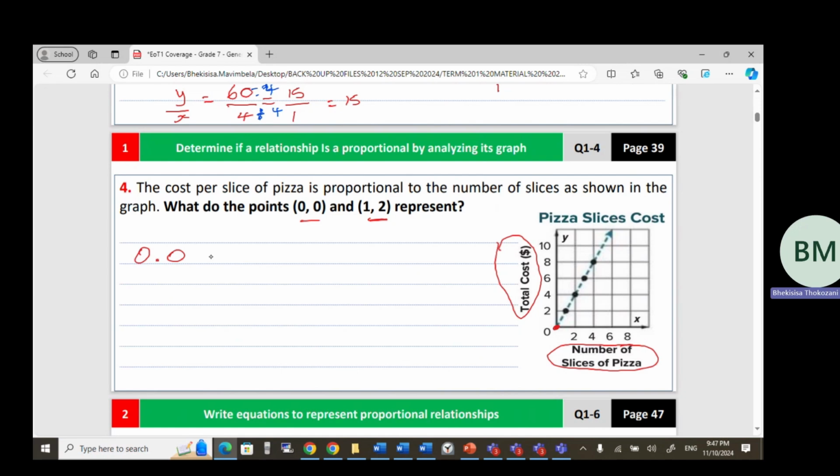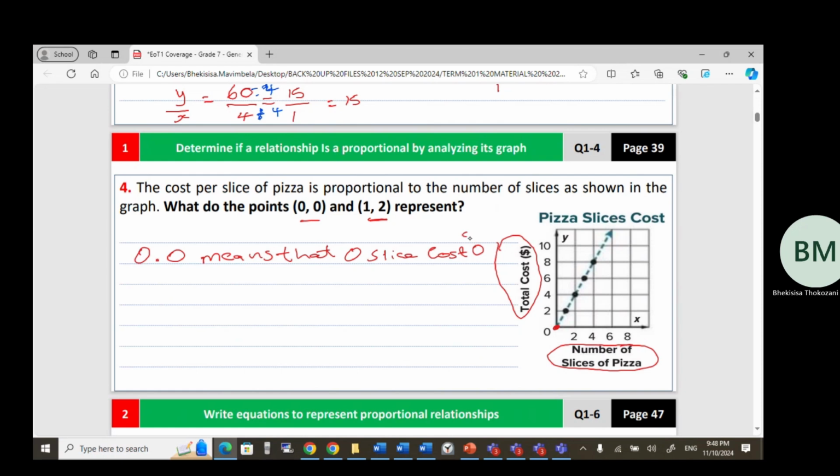So this means that for every 0, it means that 0 slice costs $0.